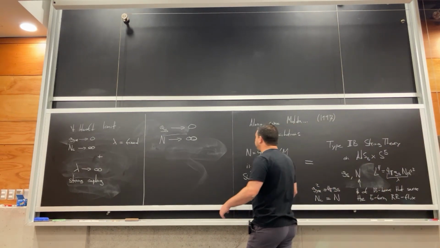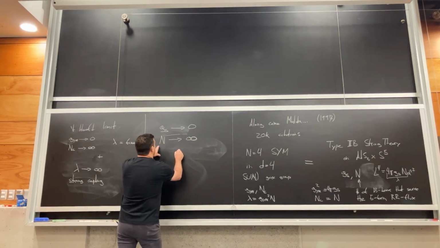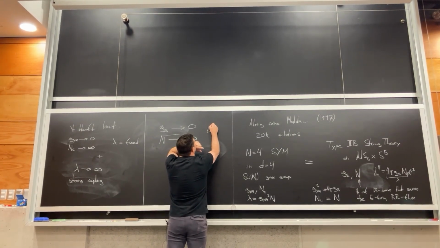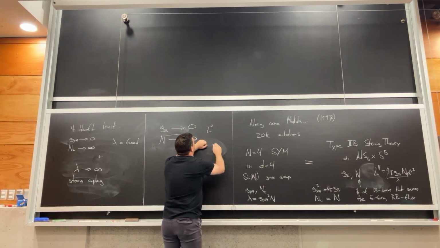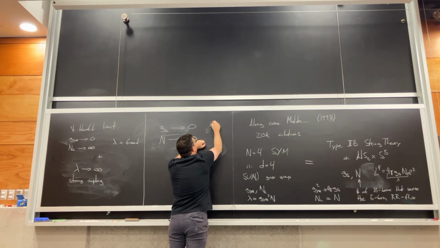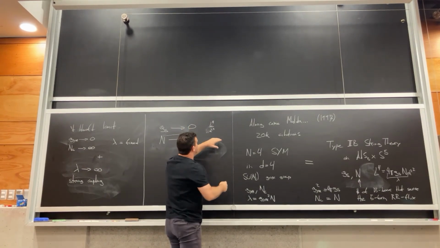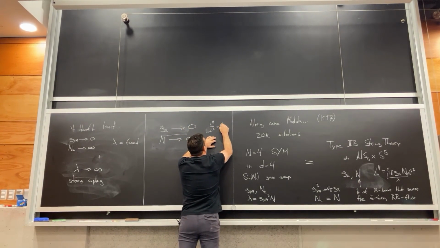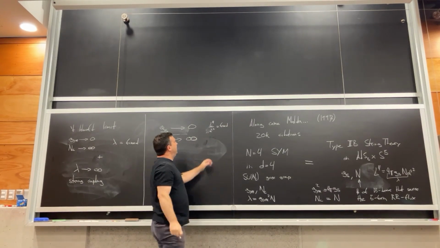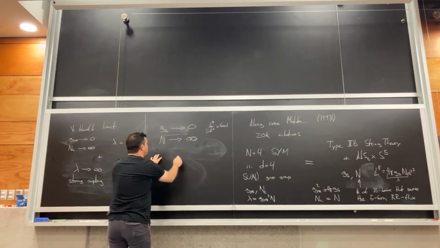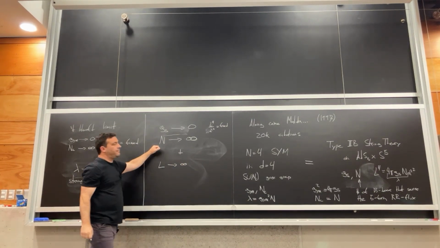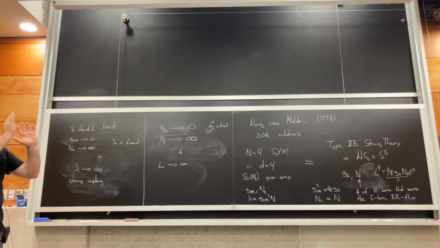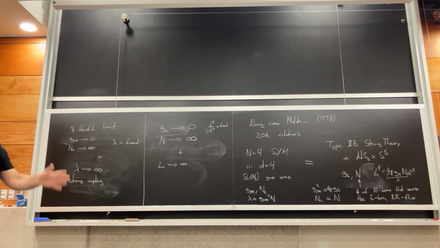So let's just write L to the 4th over alpha prime squared, just psychologically, because that's the combination. Remember, alpha prime is what sets the units in the theory, so it's not fundamental. This is fixed. And then we take L to infinity.